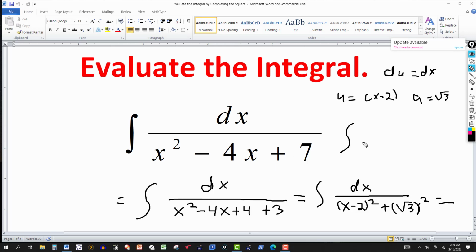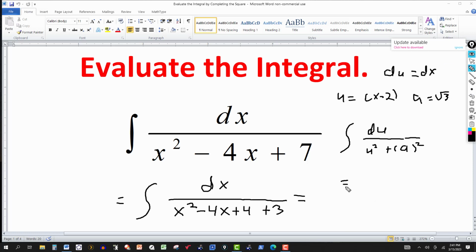So rewriting the integral here, I can put du up here. Du and dx are the same. In the denominator, then this would be u squared plus a squared. Now it looks just like the formula we just looked at. So then I could just rewrite this.